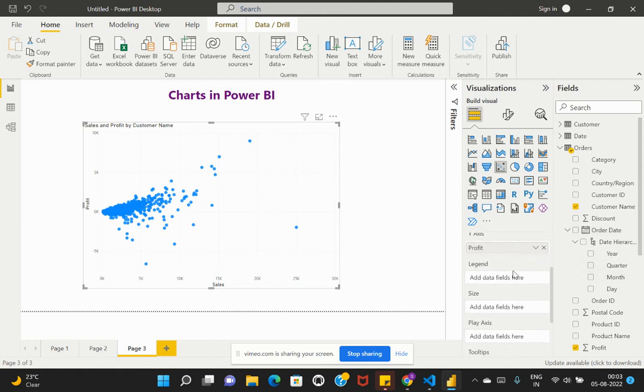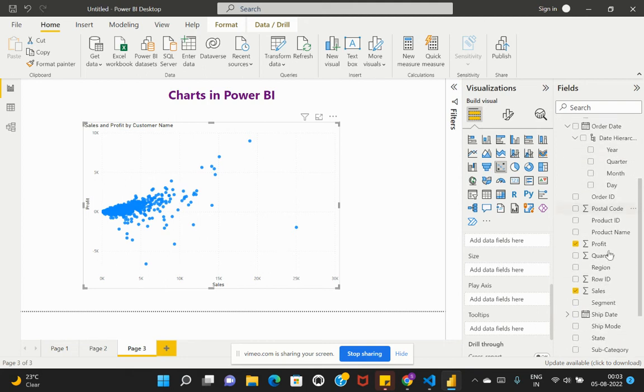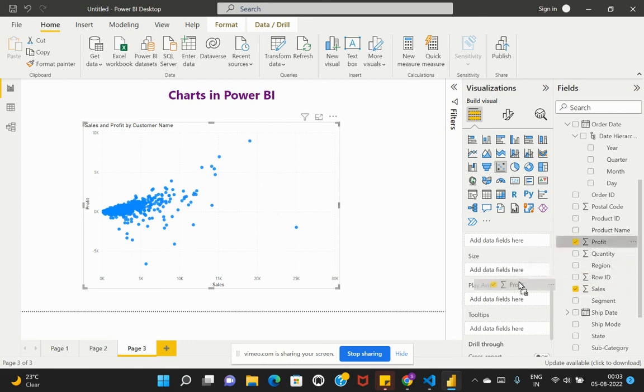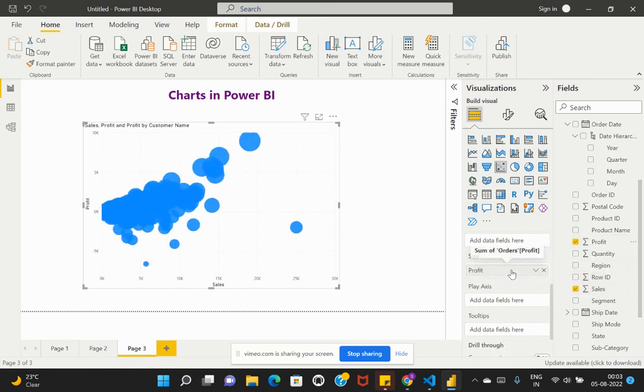And you can also make use of the other options like the size. Maybe you can say, okay, I would like to look at my profit. So size is nothing but it would increase the bubble size based on the profit value that it holds. The bigger the bubble size indicates that it has the highest profit.